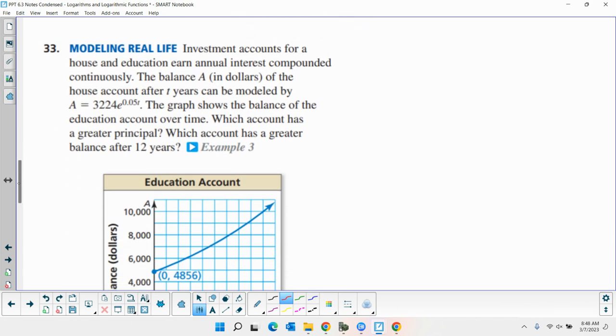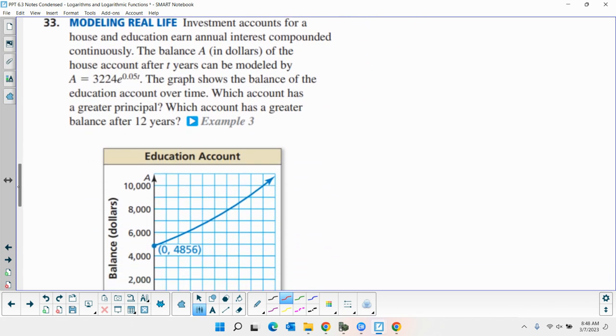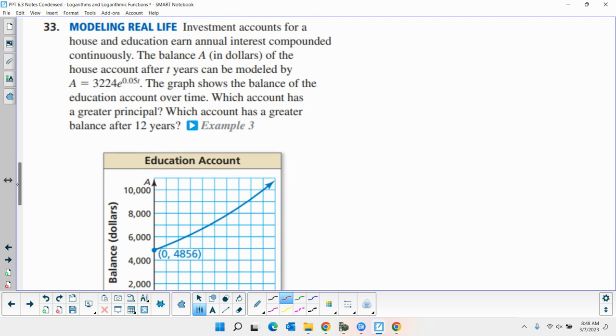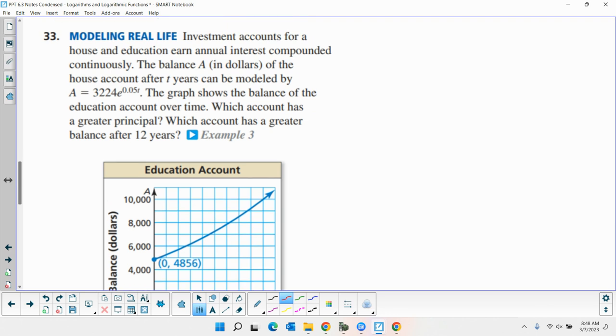And then here was the PERT problem, right? So investment accounts for a house and education earn annual interest compounded continuously. So remember, when it's compounded continuously, that's our equation that we learned yesterday, our formula.